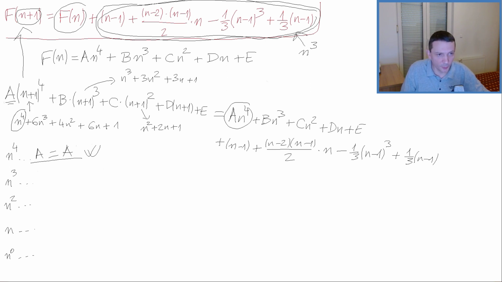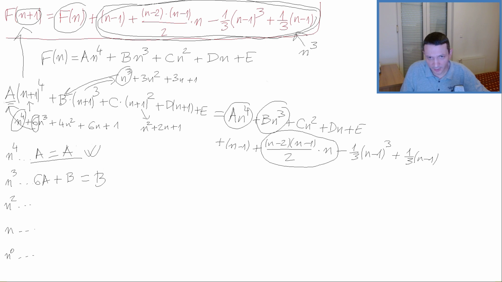In front of n cubed we have here 6 times this a, so 6a. We have this n cubed times b, so plus b, and this is all for the n cubed on the left. On the right we have here n cubed with coefficient b, and also, okay, now we need to calculate carefully.